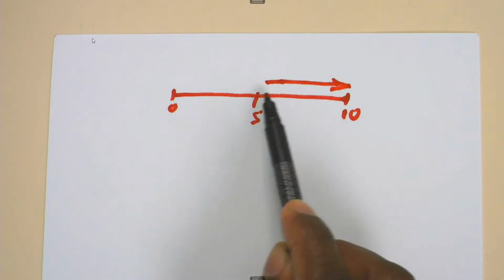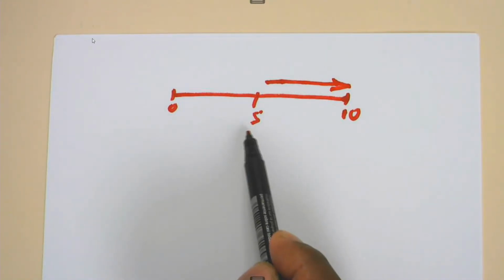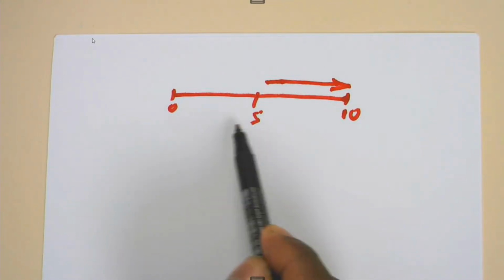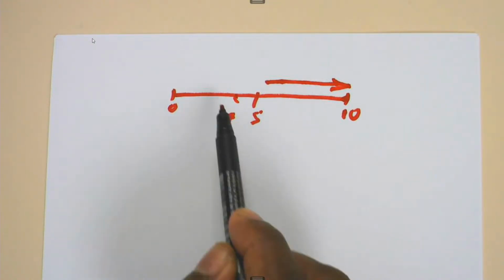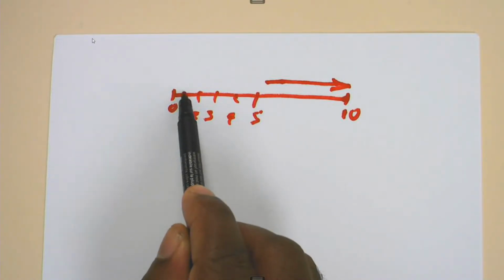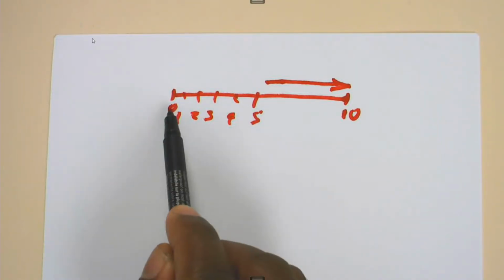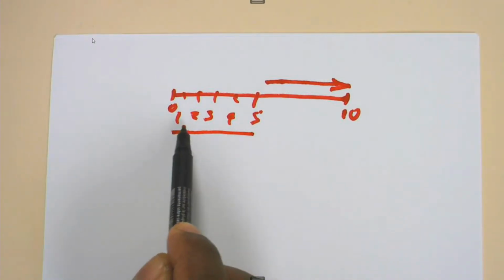And when they are less than 5, which means 4, your 3, your 2, your 1, as well as 0, they will round off down.